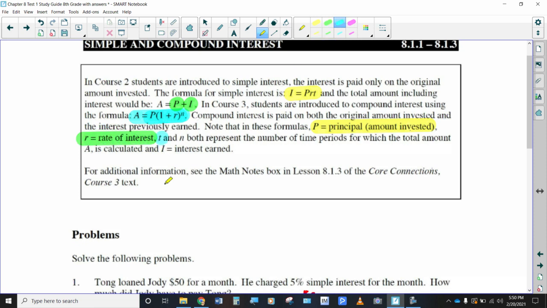The T is always going to be T or N, depending on which one you choose to use. I always use the T, but that's the number of time periods that it has been compounded. And in this case, that's all you need for compound interest. The principal, the rate, and the time also happen here, and then the I represents the amount of interest earned, whereas A is your new amount.